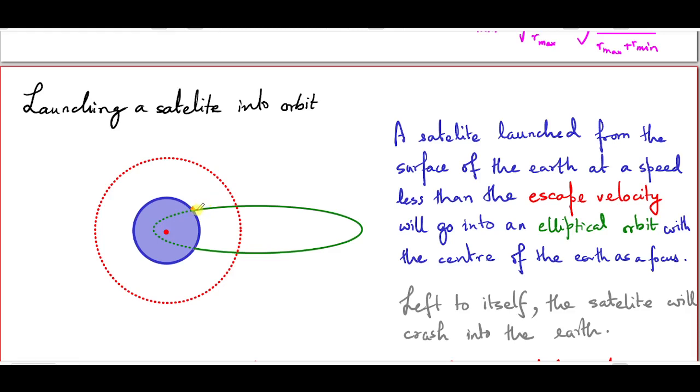Now, such an orbit will obviously intersect the Earth's surface once again in a symmetrically placed point. In other words, the satellite would crash back onto the Earth.